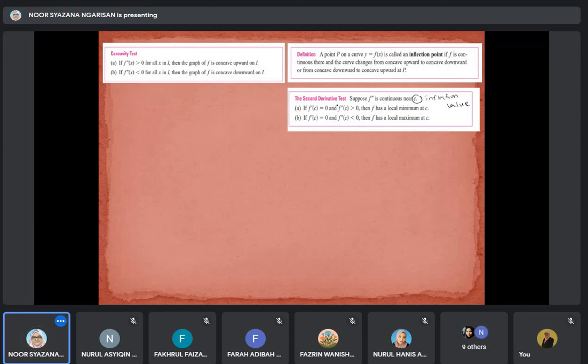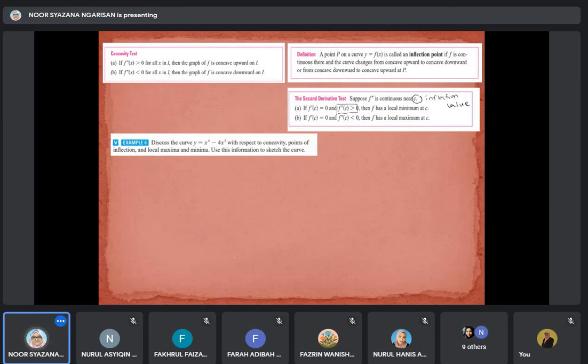Kalau second derivative more than 0, ni concave upward ke downward? Upward. Okay, very good. Kita tulis balik.